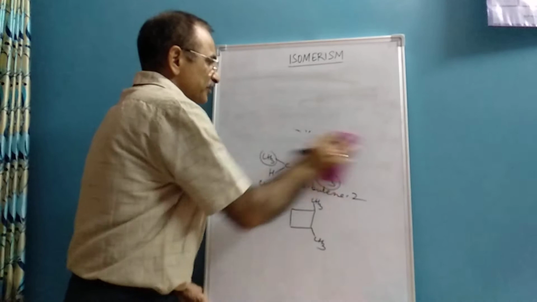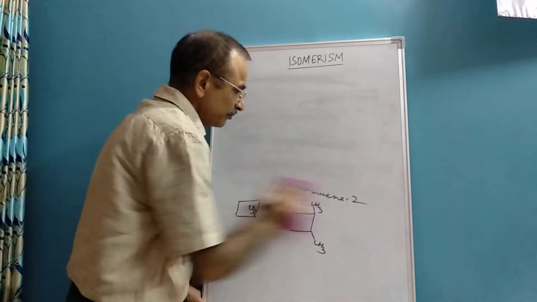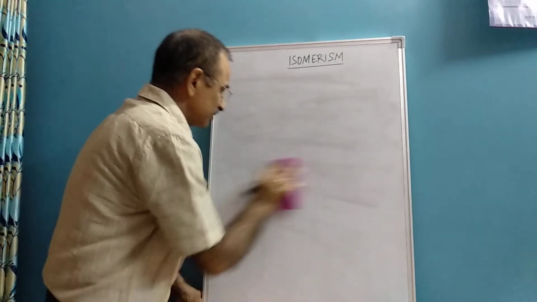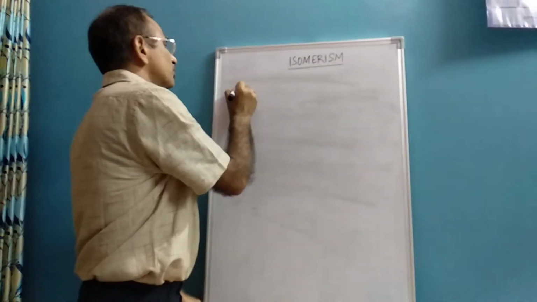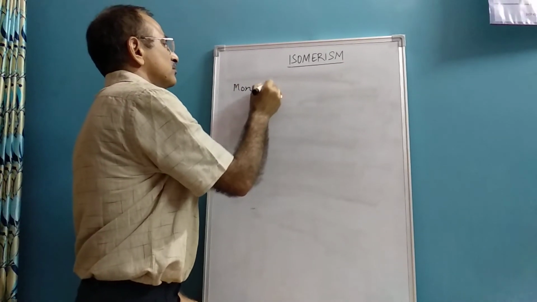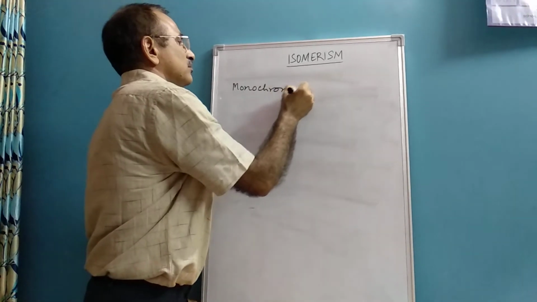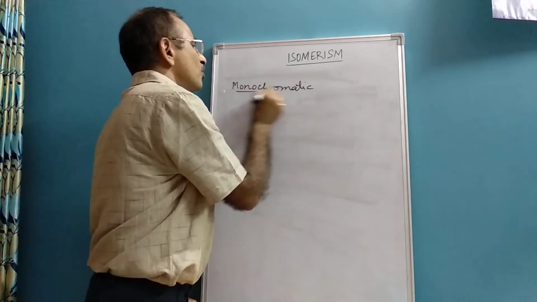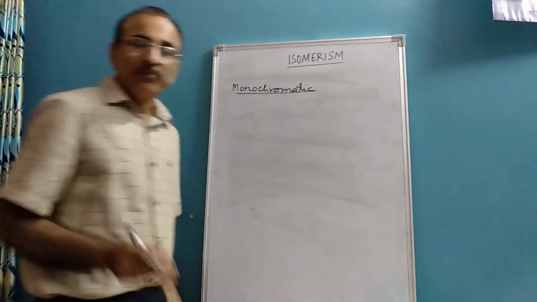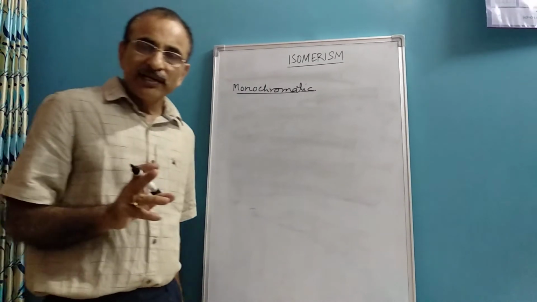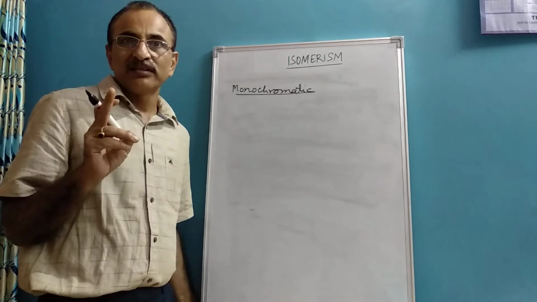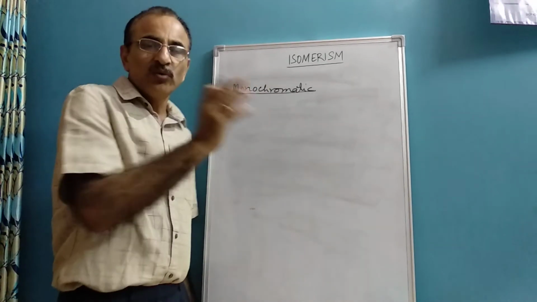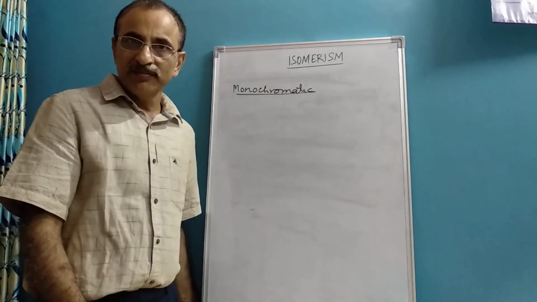Before studying optical isomerism, we have to remember certain things. First one is monochromatic source of light. Monochromatic means the source of light which emits radiations of single wavelength. But actually there is no actual source of monochromatic light.